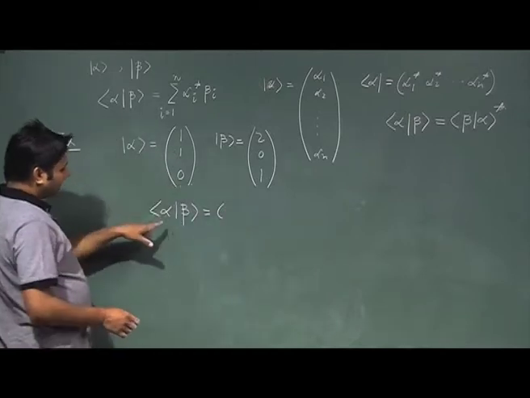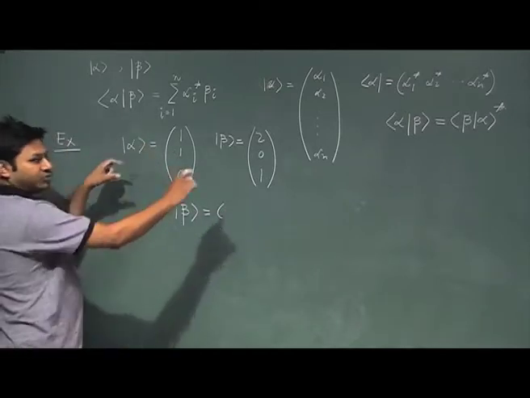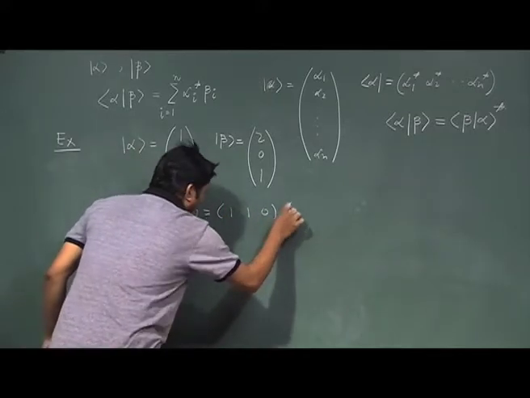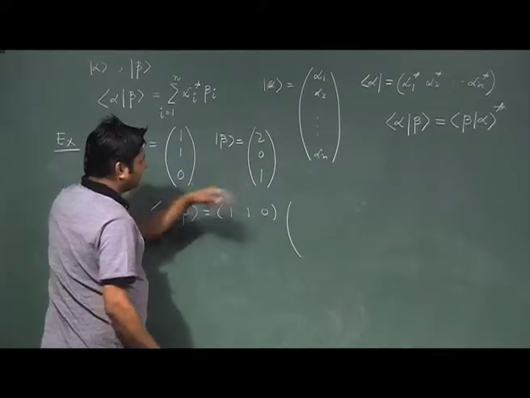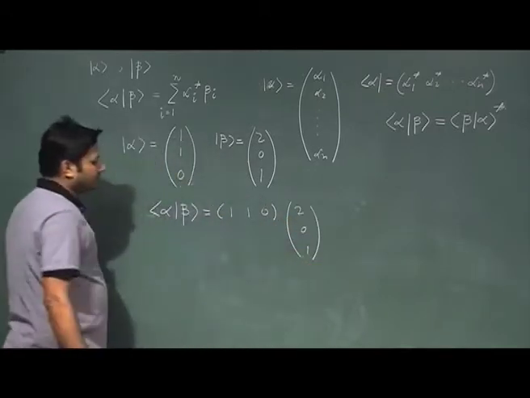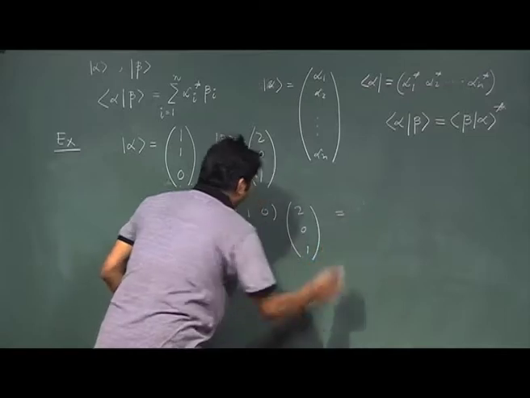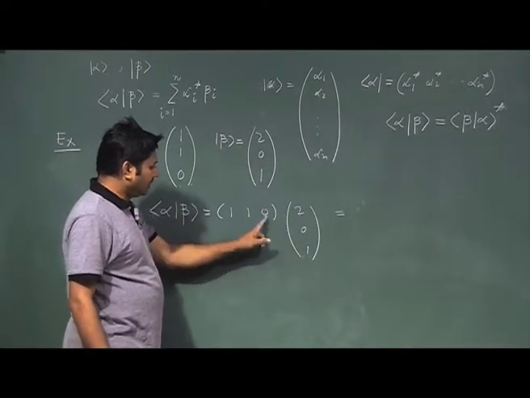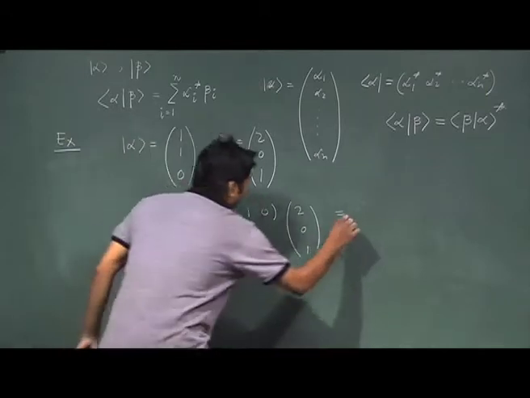According to my rule, when I make alpha here, I need to change the structure like 1 1 0, and this beta will remain unchanged. As a result, what I am getting is 2 into 1 is 2, 1 into 0 is 0, 0 into 1 is 0. So, it will be essentially 2.